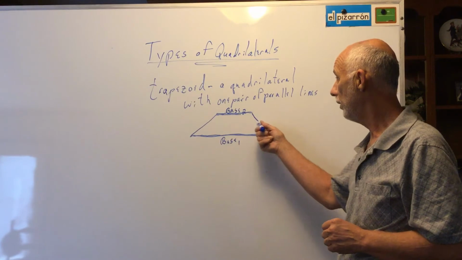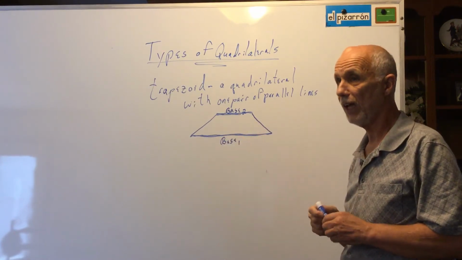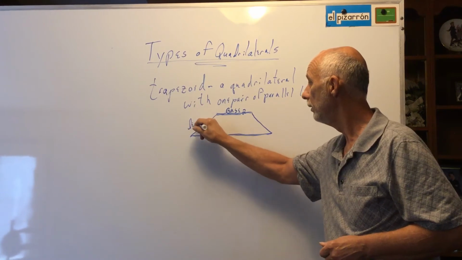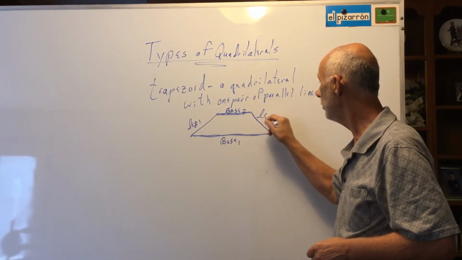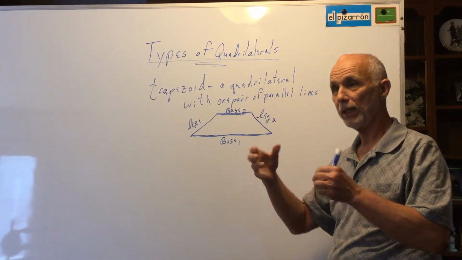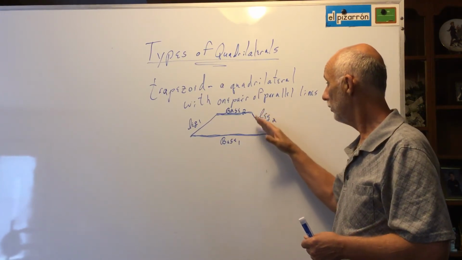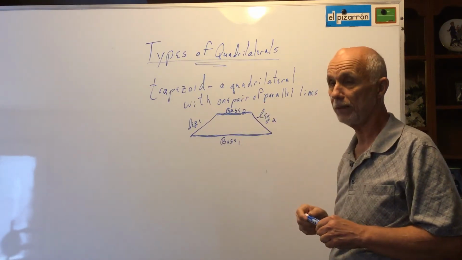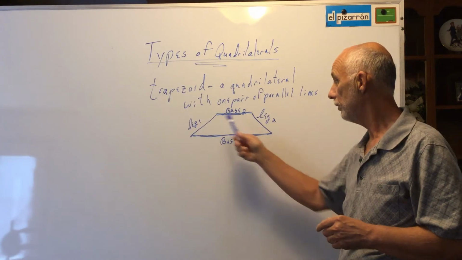You might say, well, what do you call these things over here on the sides? Well, they're called the legs. Like this could be leg 1, and this could be leg 2. And just like a table has legs that hold it up, a trapezoid has the two sides holding the one base up from the other base. All right? So this is a trapezoid.